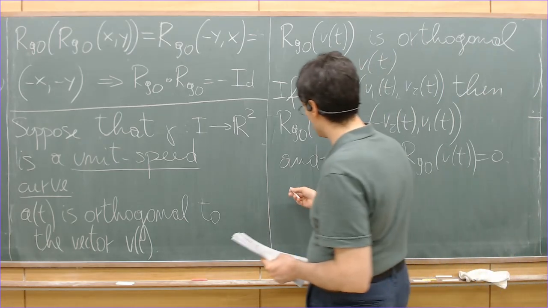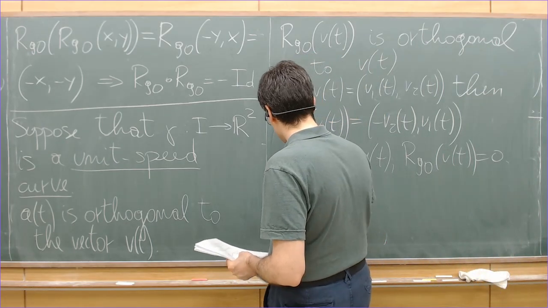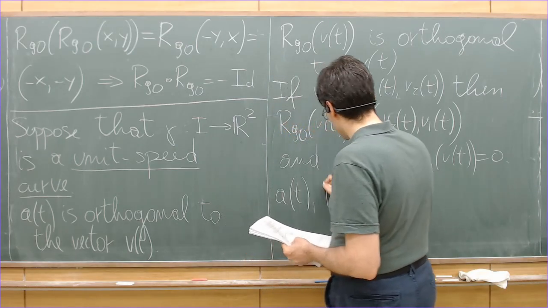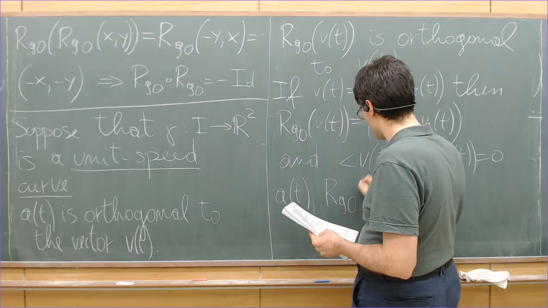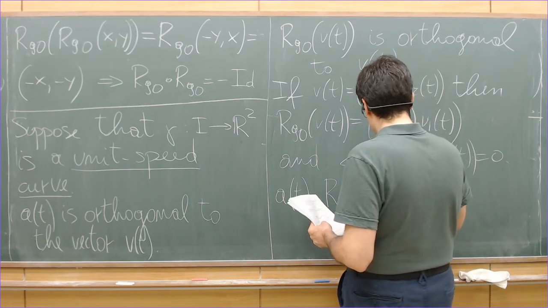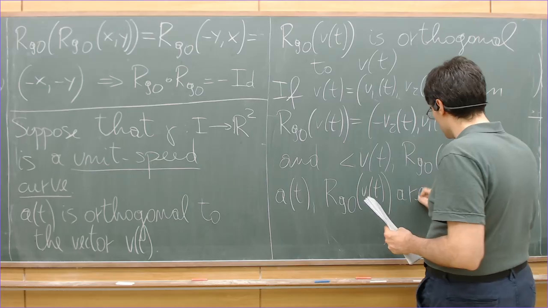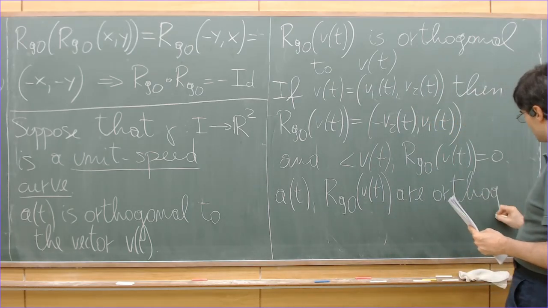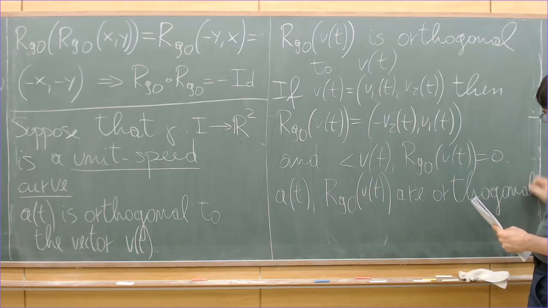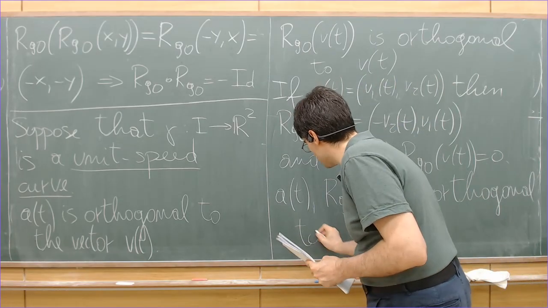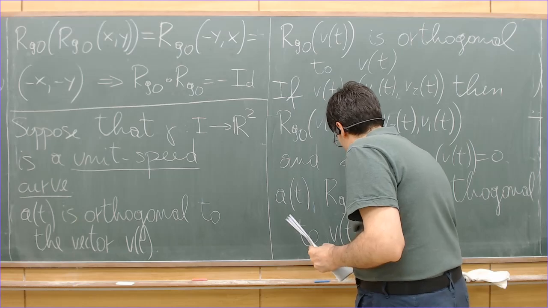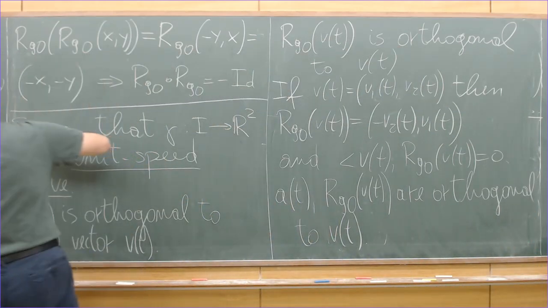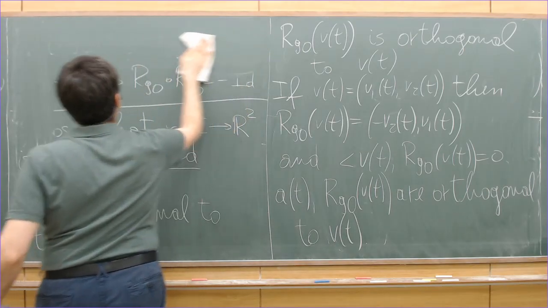So the conclusion of this observation is that A(t) and R90 V of t are orthogonal to V of t. This means that they are parallel to each other.